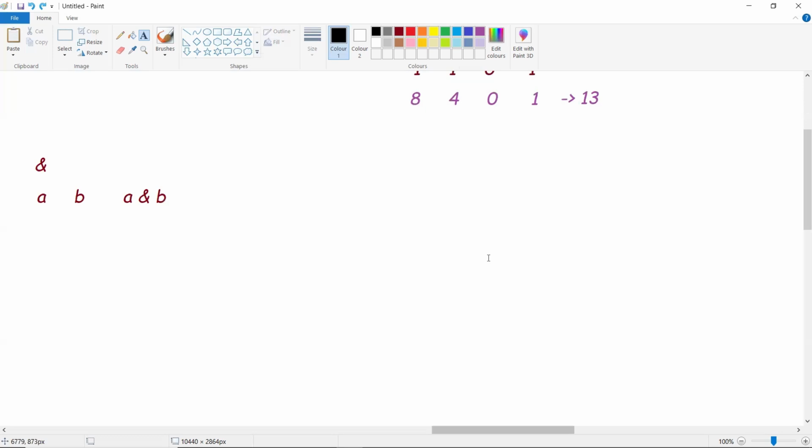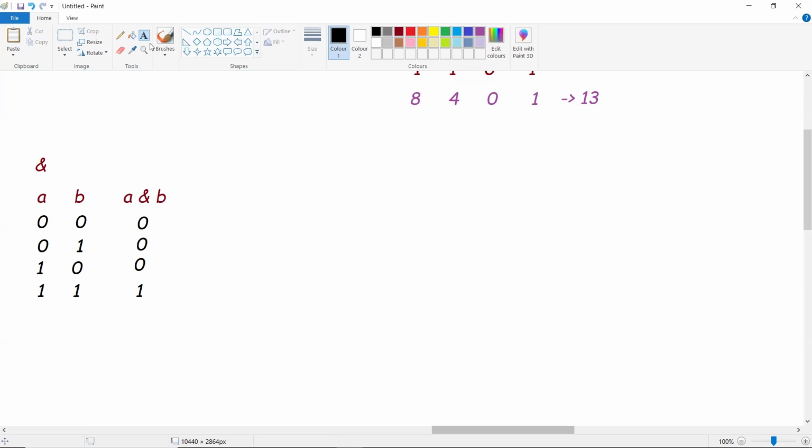Here a 0 bit is considered a false value. If you find any 0 bit, the output would be 0. Let's take examples. 0 0, the output is 0. 0 1, we found a 0, the output is still 0. 1 0, we have a 0 at least, so the output is 0. If all the bits are ones, the output would be 1. So this is the case of bitwise AND.